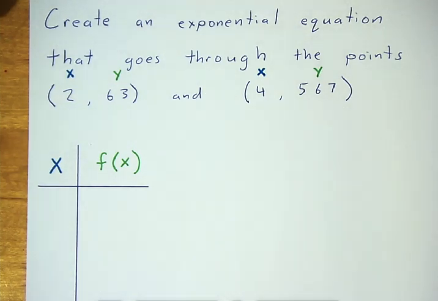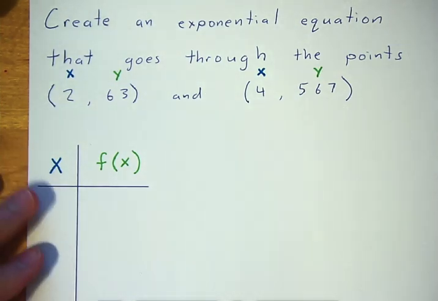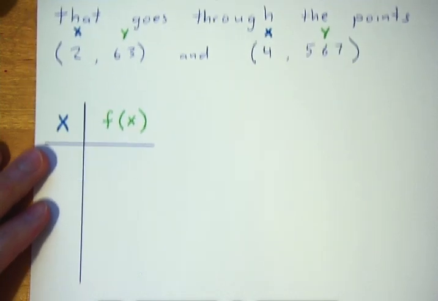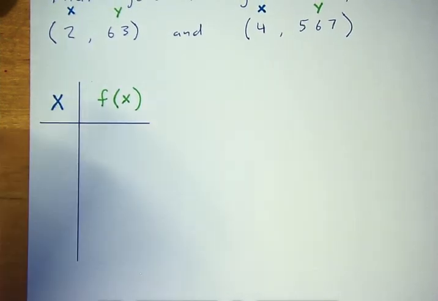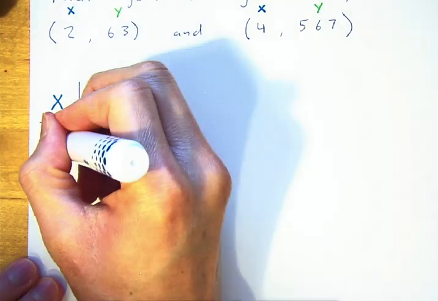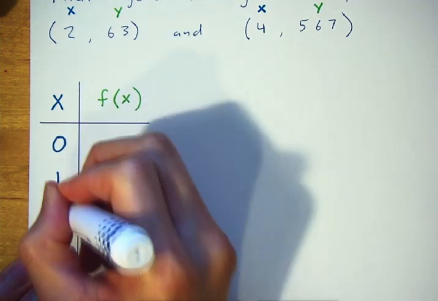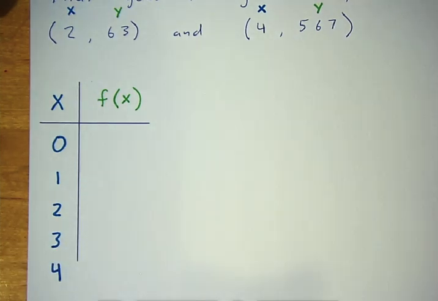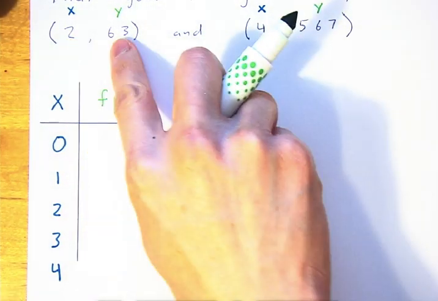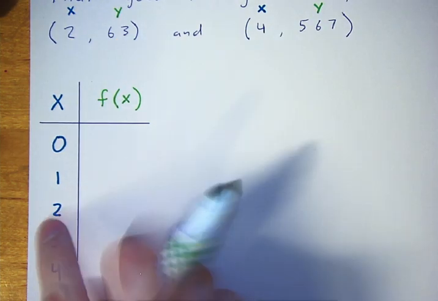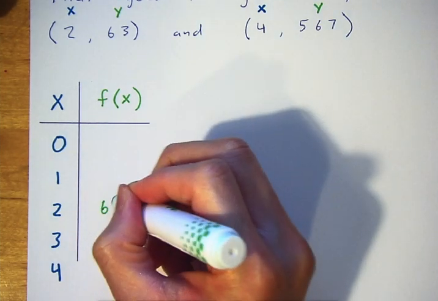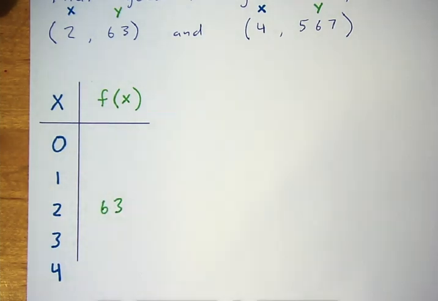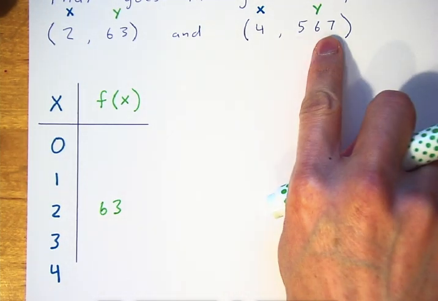So let's put our points into our table. When x equals 2, my y is 63. When x equals 4, my y is 567.